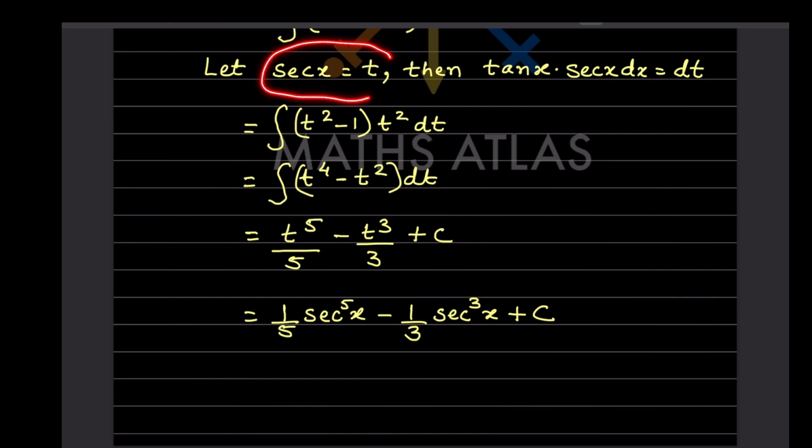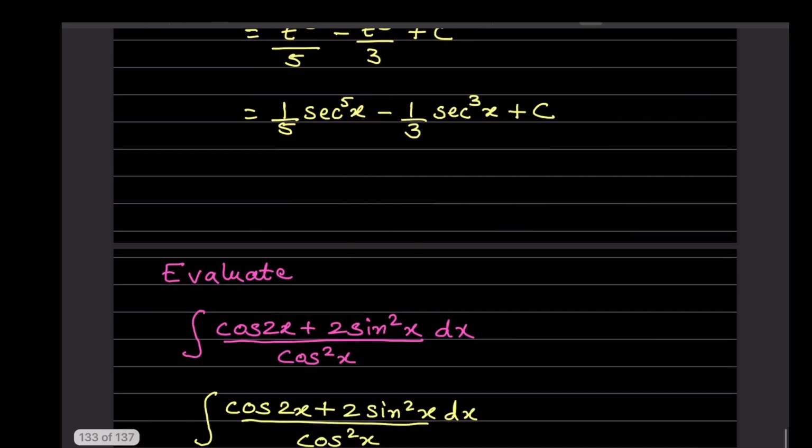We have considered sec x as t, so this will be 1 by 5 sec raised to 5 x, and 1 by 3 sec cube x, plus c. So this is the answer for this one.